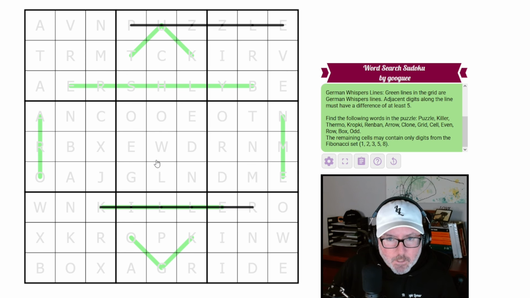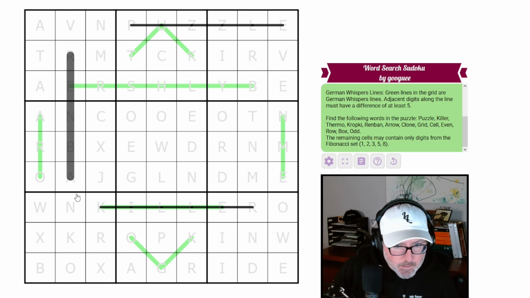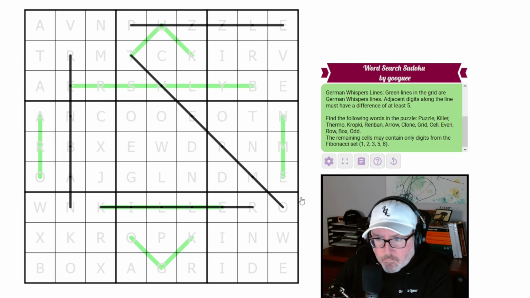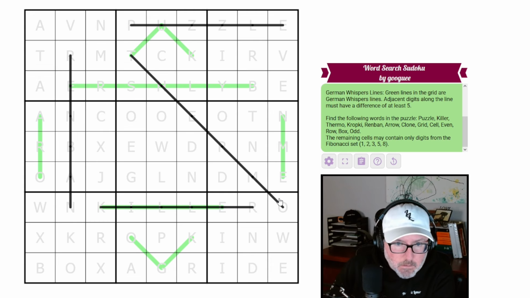But anyway, we're going to get through it. So we're looking for Renban here. We need to find Thermo. That's going to be here. We need Kropki, arrow, and clone. Here's Kropki.